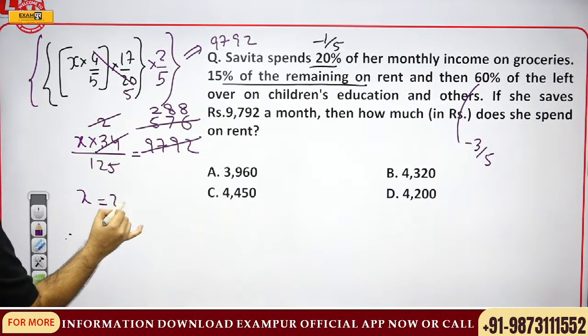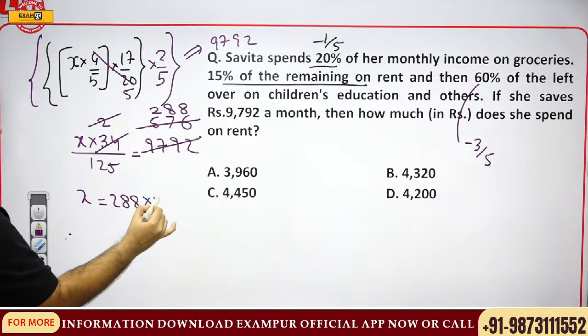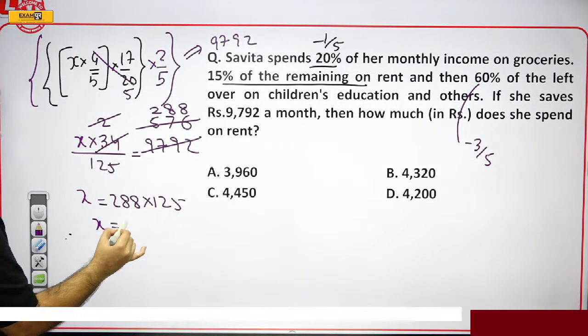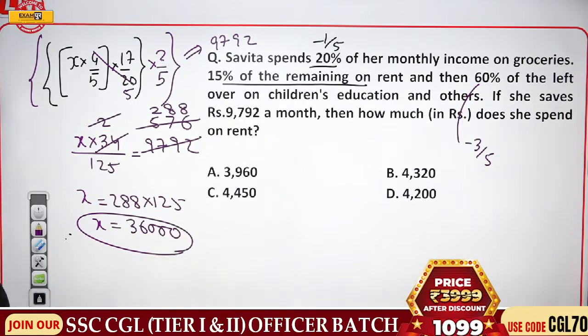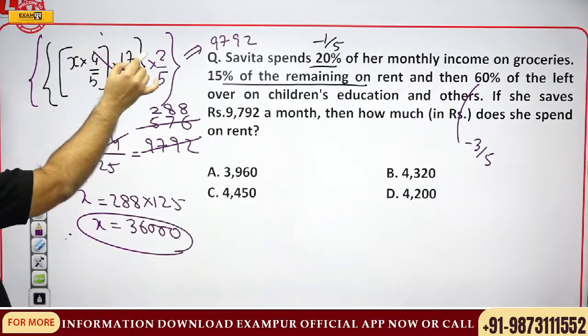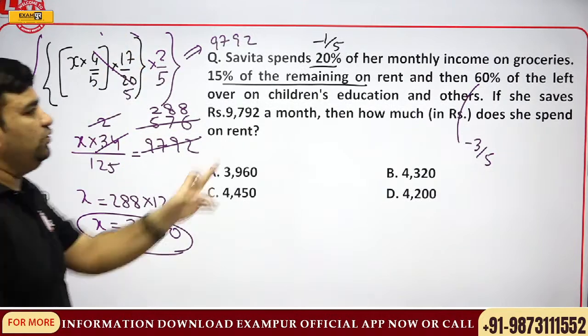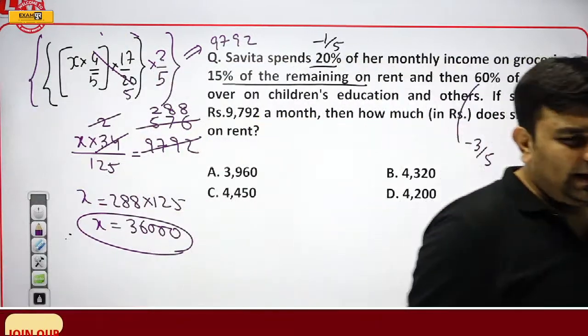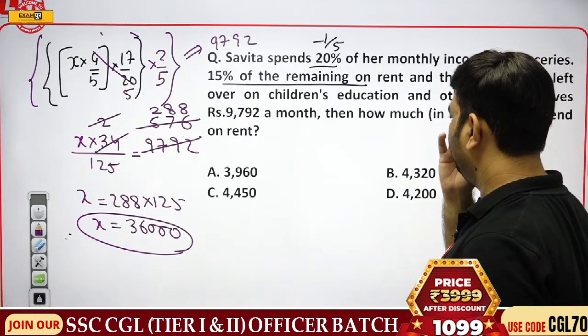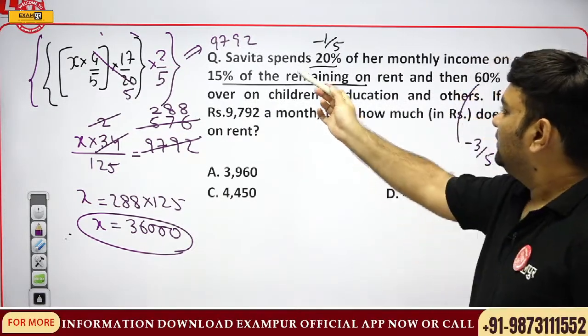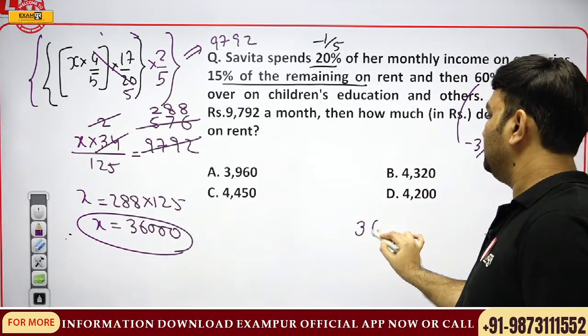X is 288 into 125, which might come to 36,000. Then you have to find out this value maybe.